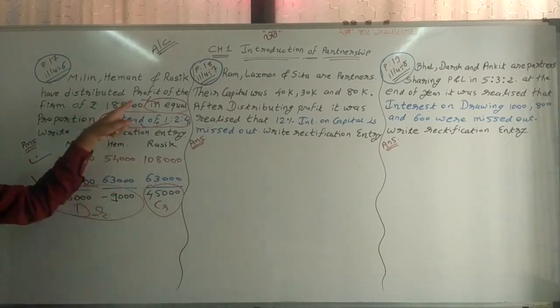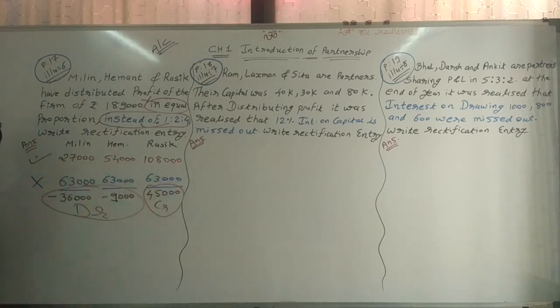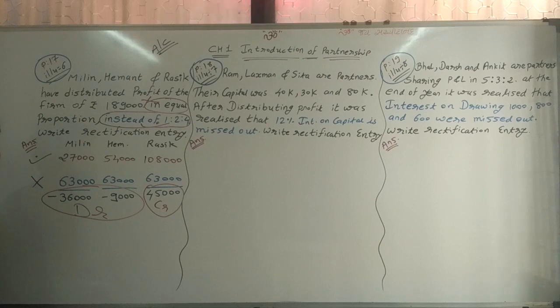There must be the profit. And calculation, first correct calculation, second wrong calculation. If there is the profit, first we have distributed in correct ratio, then we have distributed in wrong ratio, and we are finding the difference, then minus debit plus credit.